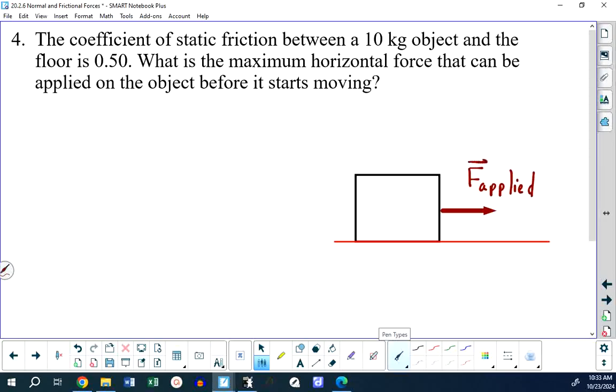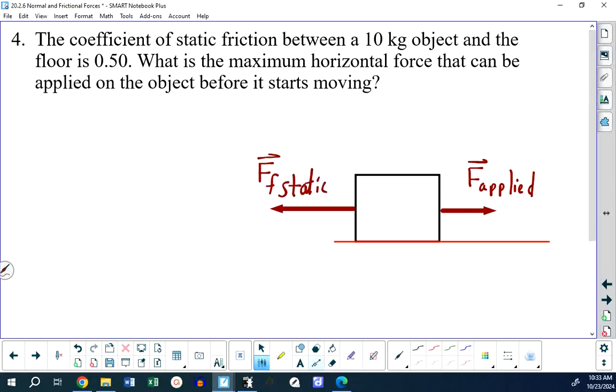What if I told you that it doesn't move? Why does this object not move even though I'm pulling it to the right? Well, because there's a force of friction in the other direction, and I'm not meeting the force of friction yet, right? So let's just say that the force of friction, and it's a static force of friction, is that amount.